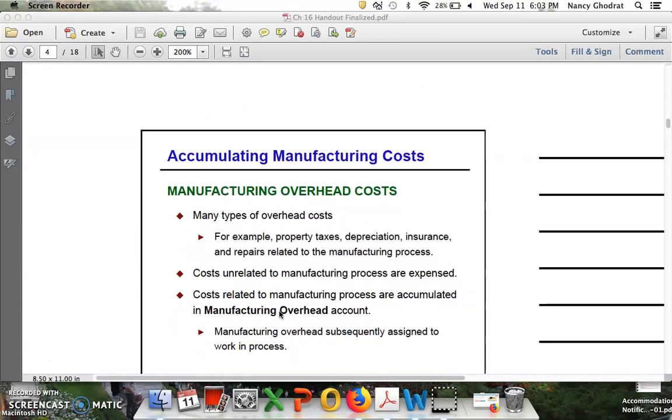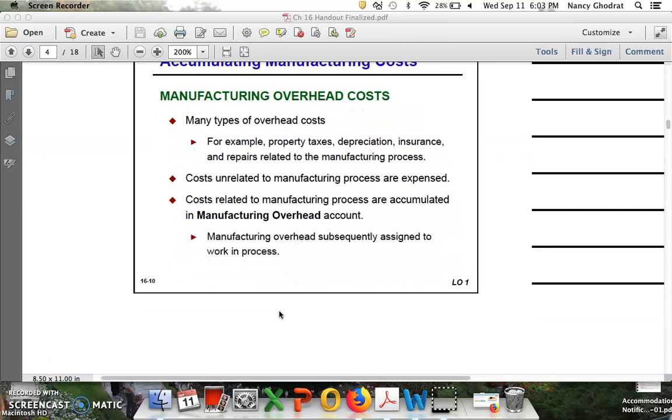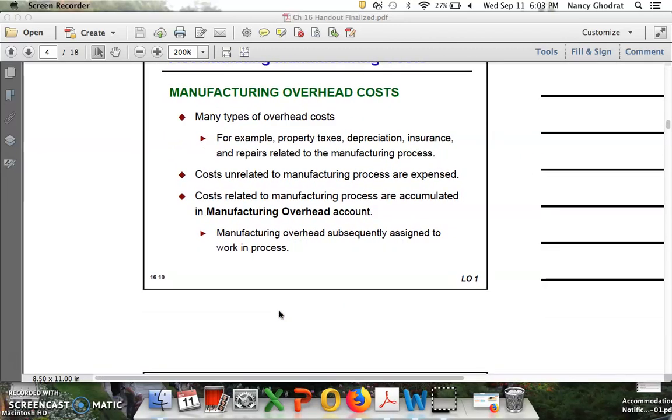Now, manufacturing overhead. Remember what manufacturing overhead consists of? It consists of any factory cost besides direct material and direct labor.